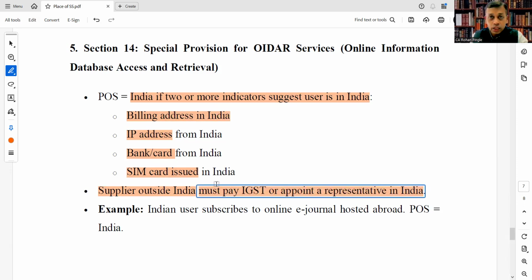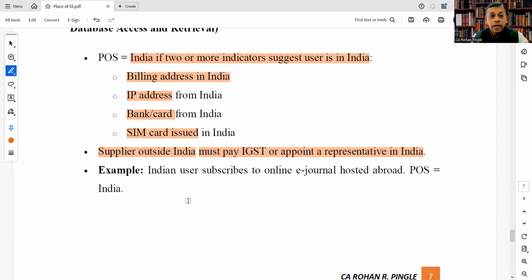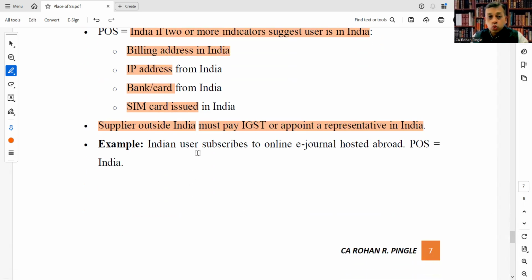Means in this case, the supplier must pay IGST or appoint a representative in India to pay the GST. Supplier outside India must pay what? IGST or appoint a representative in India. Let's see the example. An Indian user subscribes to an online e-journal hosted abroad.